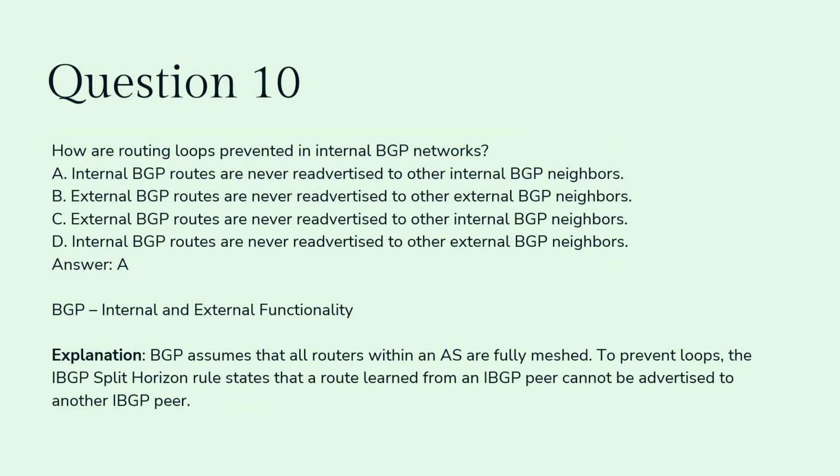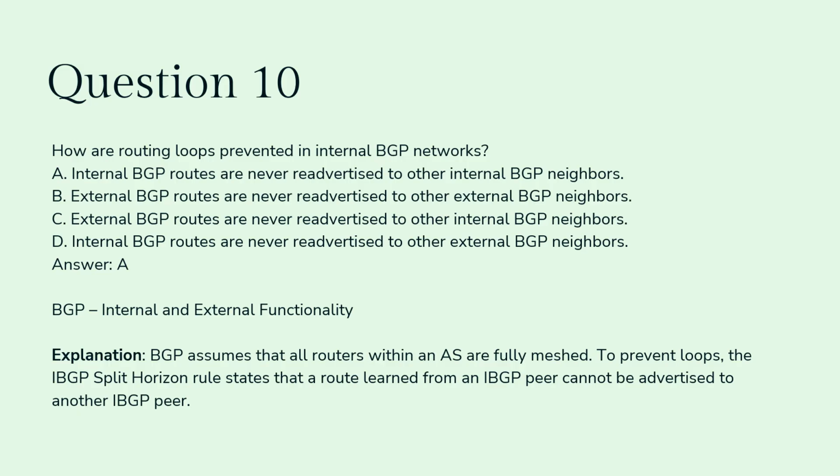How are routing loops prevented in internal BGP networks? A. Internal BGP routes are never re-advertised to other internal BGP neighbors. B. External BGP routes are never re-advertised to other external BGP neighbors. C. External BGP routes are never re-advertised to other internal BGP neighbors.